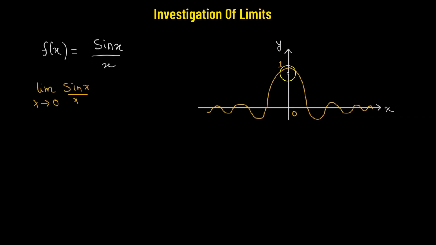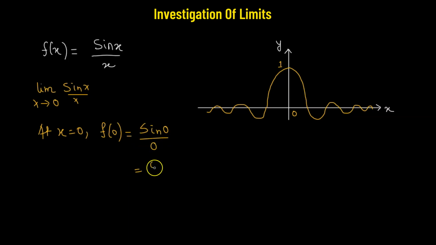Here, if we again use Desmos, it will show that the value of the function at x equals 0 is 1. But that is not actually true, because at x equals 0, f of 0 will be equal to sine 0 divided by 0.